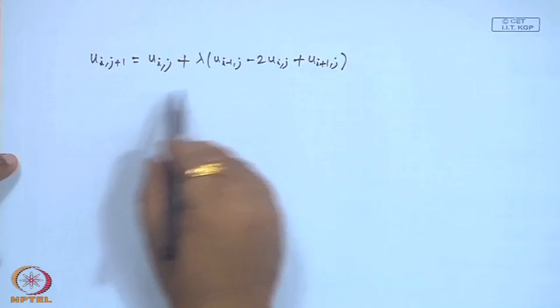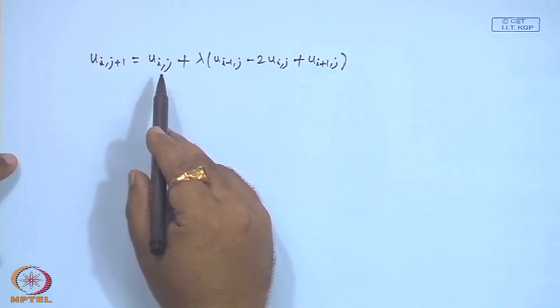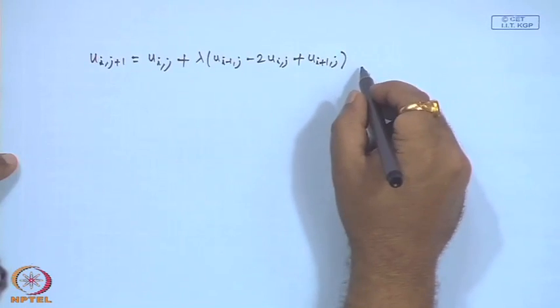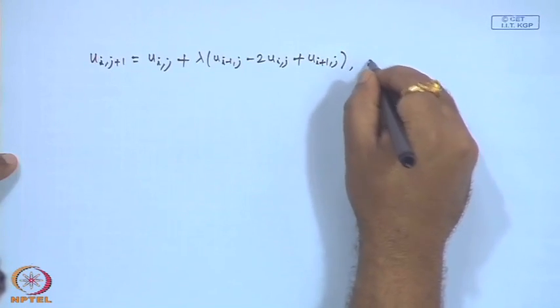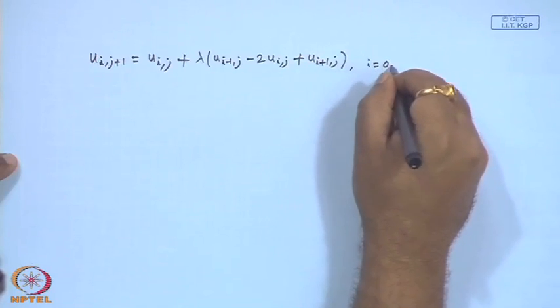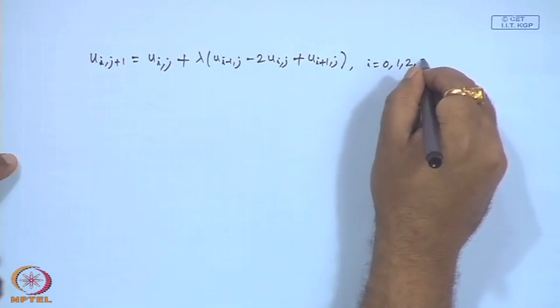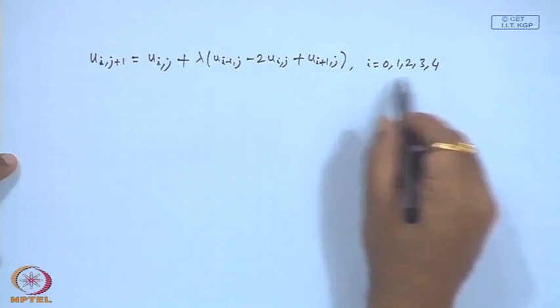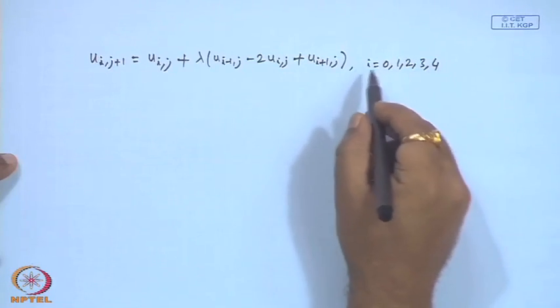So, this is explicit scheme. However, in the light of endpoints also being unknowns, this is supposed to be valid at all the grid points. Okay. 1 2 3 4 0 1 2 3 4.